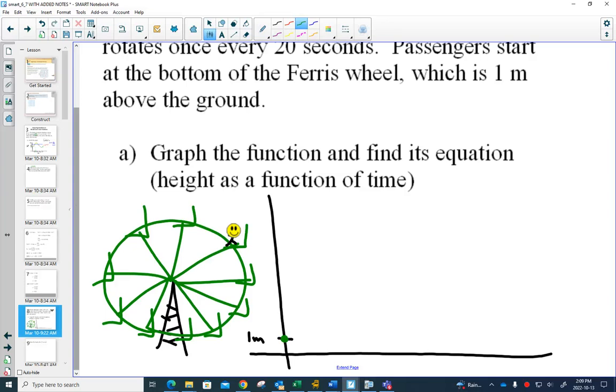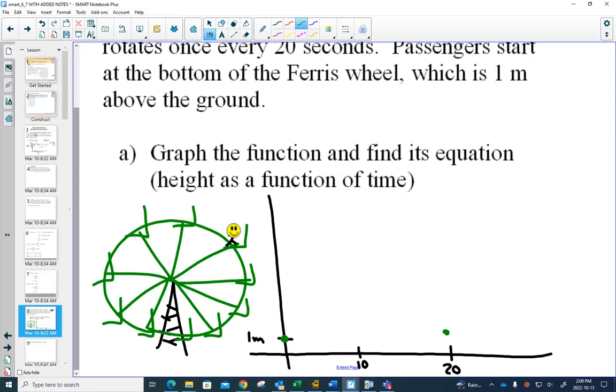If it rotates every 20 seconds, can you see that at 20 seconds, you would be back at 1 meter above the ground? Now what happens in the middle? Where would you be at 10 seconds?